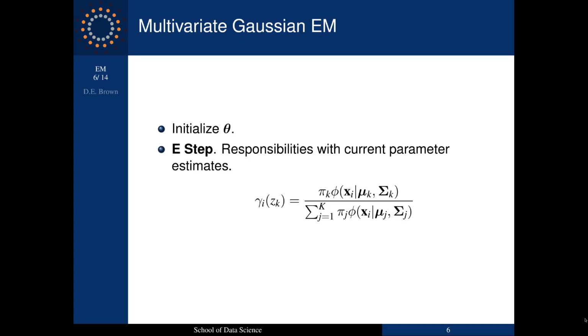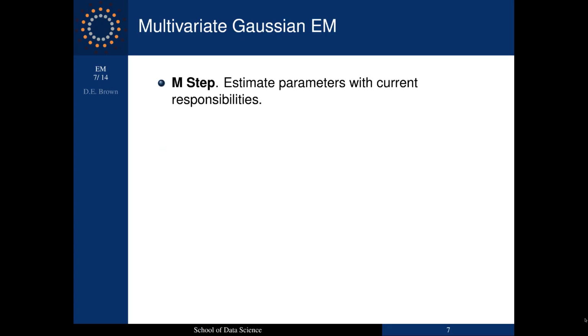The E-step really involves just estimating the responsibilities. And we find that because we've created initial values for each one of those parameters, the pi's, the mu's, the sigmas. We just put those values in and we estimate the responsibilities with those initial values for those parameters.